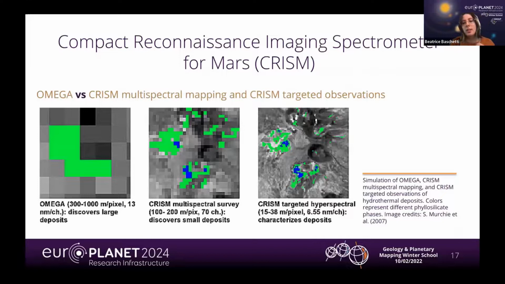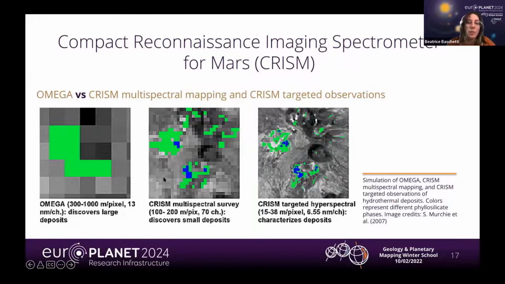So here is a comparison between the resolution of CRISM and that of the Omega spectrometer. And as you can see, CRISM has a higher spatial resolution. Here's the same scene as it would be seen by Omega, by CRISM multispectral mode, and by CRISM targeted hyperspectral mode.